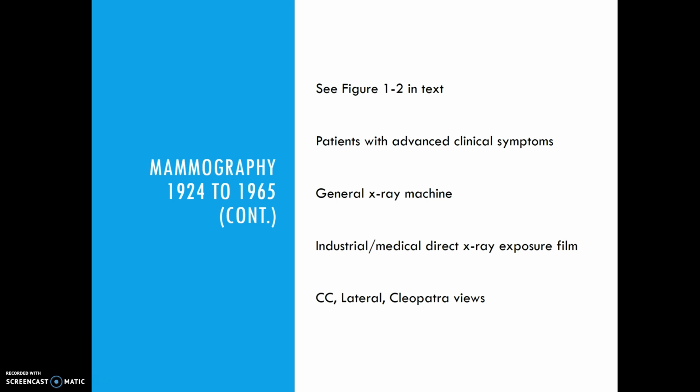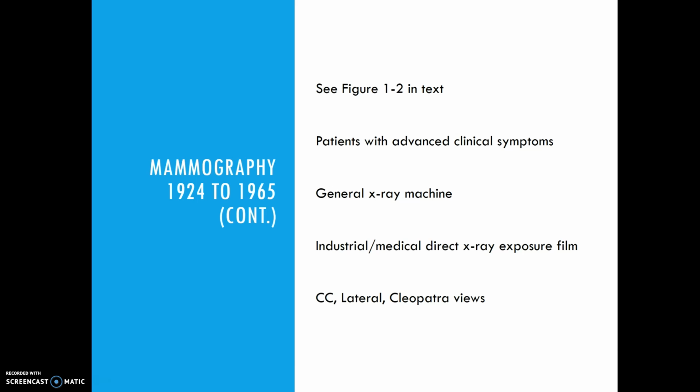So more and more work was done on trying different techniques with our existing X-ray equipment, primarily on patients that presented with, usually, advanced clinical symptoms. And if you look on the next page 4 at figure 1-2, you can see the types of symptoms that patients would present with, and they would then go and x-ray the breast to look and see what was going on in the breast, what it looked like radiographically.